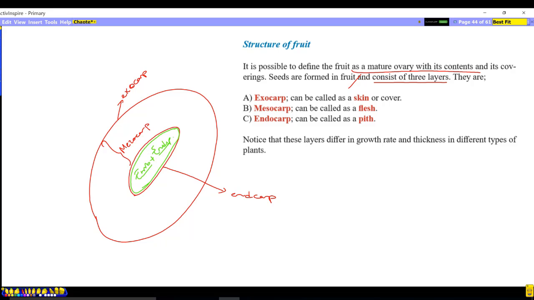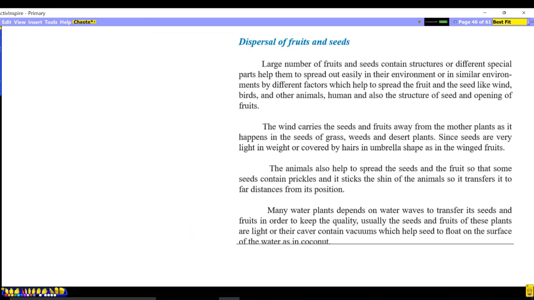Similarly, fruits are made up of 3 layers, which are exocarp, mesocarp, and endocarp. In different plants, the thickness of exocarp, mesocarp, and endocarp can differ from one another.